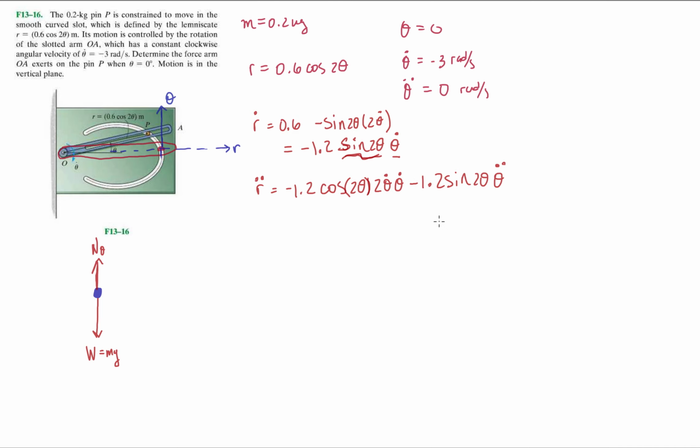And that's it. We're done with the chain rule, we're done with that derivation. It's pretty simple whenever we have a theta double dot of 0, because we know this term is 0.